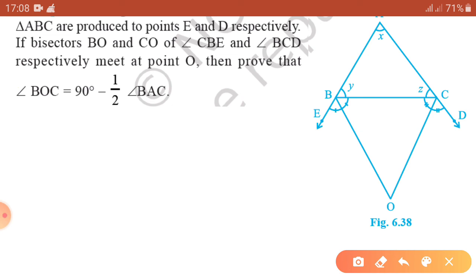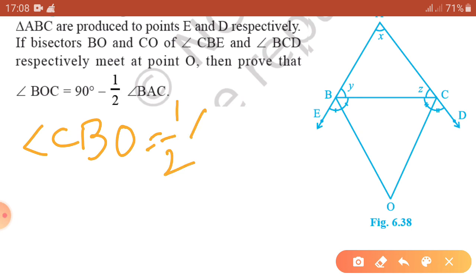Now ray BO is the bisector of angle CBE, that means this line is the bisector of this angle. So we can write that angle CBO equals half of angle CBE.